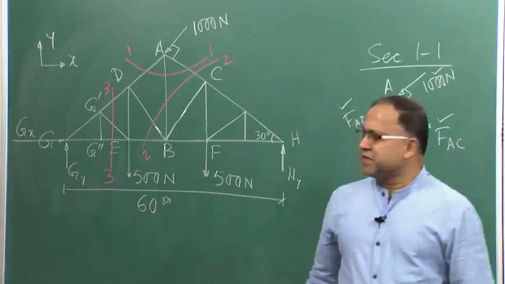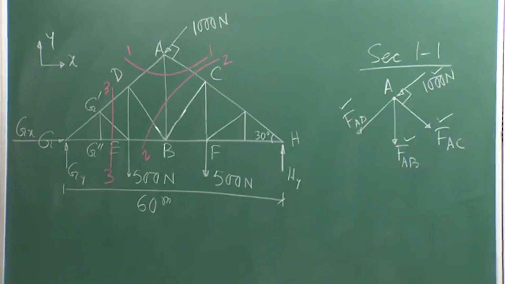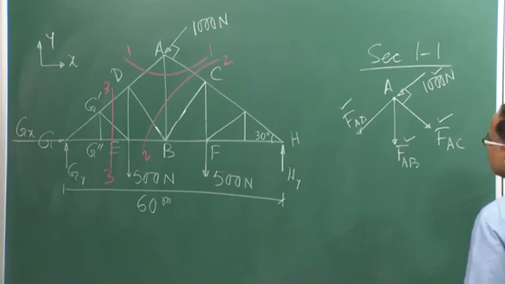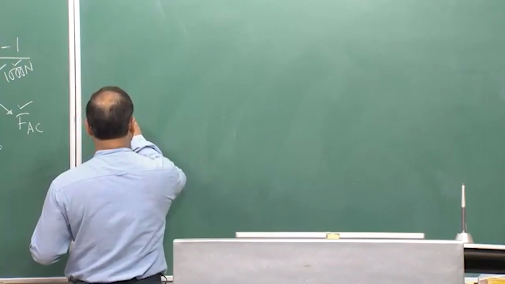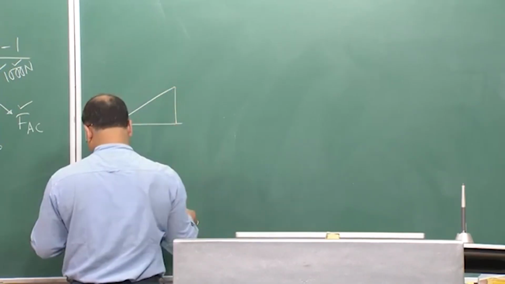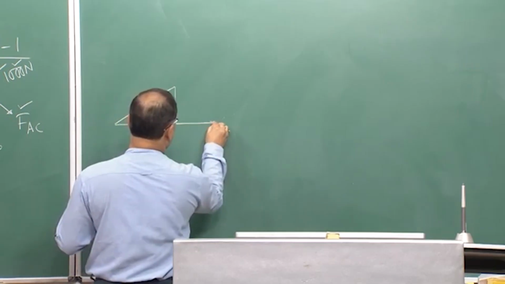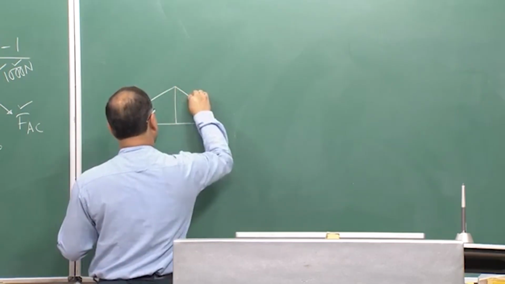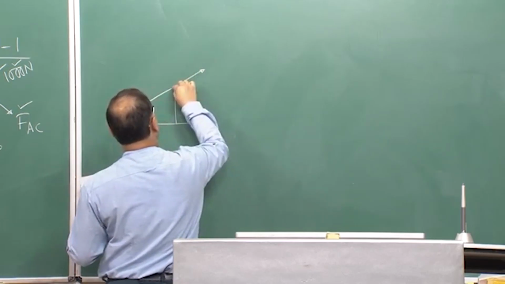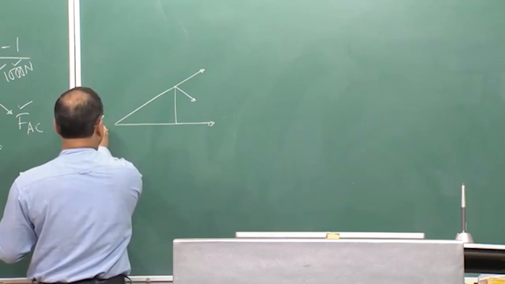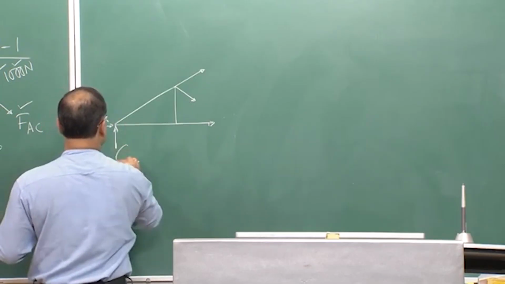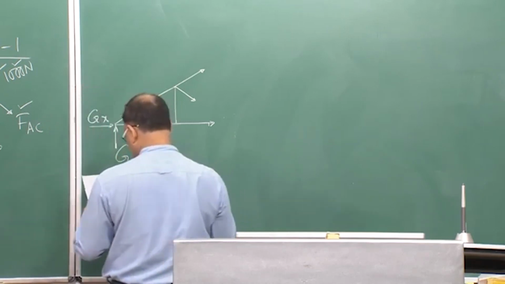Now, let us talk about section 3.3: what information will we get from section 3.3? We are taking the left hand side of section 3.3. So, let us draw it. That is Gx, Gy, they are known forces.